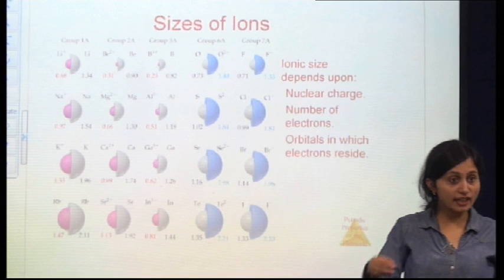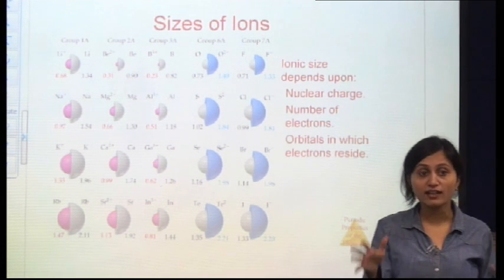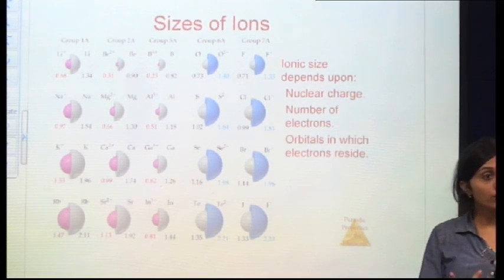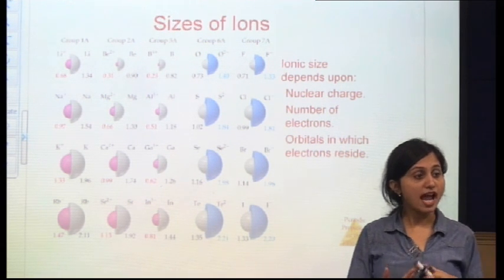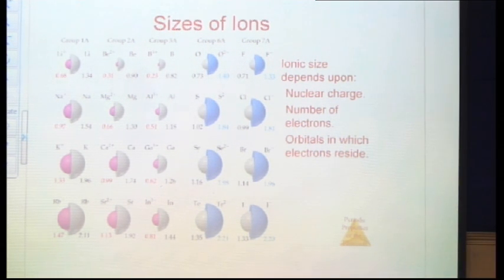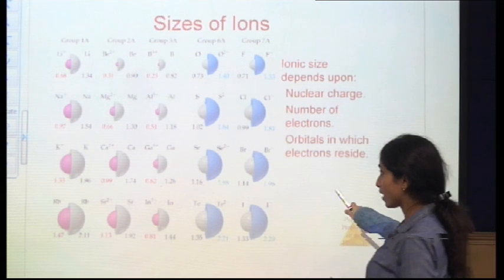Which orbital the electrons are residing in, that is very important to know. You need to know the number of electrons and you also need to know the nuclear charge. Nuclear charge everyone now knows how to find. So then we move on to the rest.